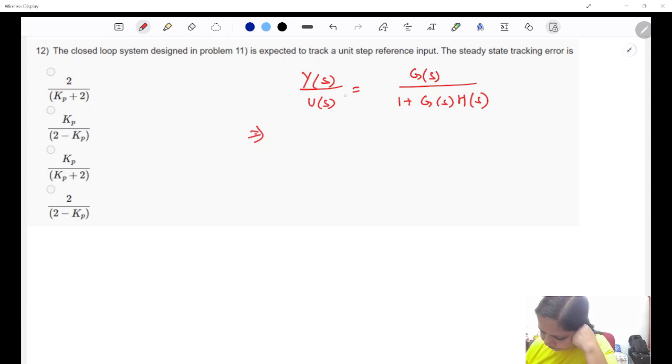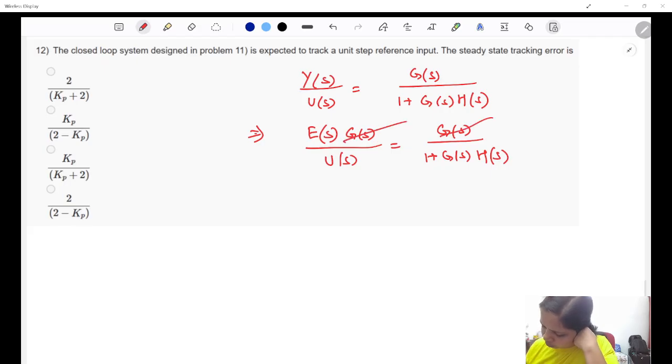This is YS upon US. YS can be written as ES into GS. So ES into GS upon US, you can write as GS upon 1 plus GS into HS.